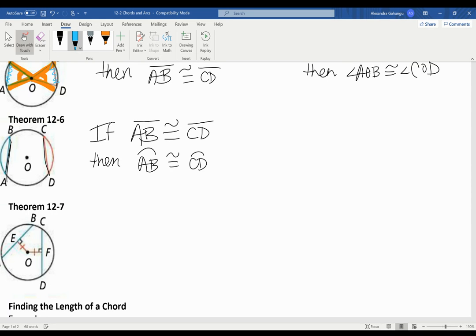So the little arc that those two chords cut off are going to be congruent. And the converse again is true.